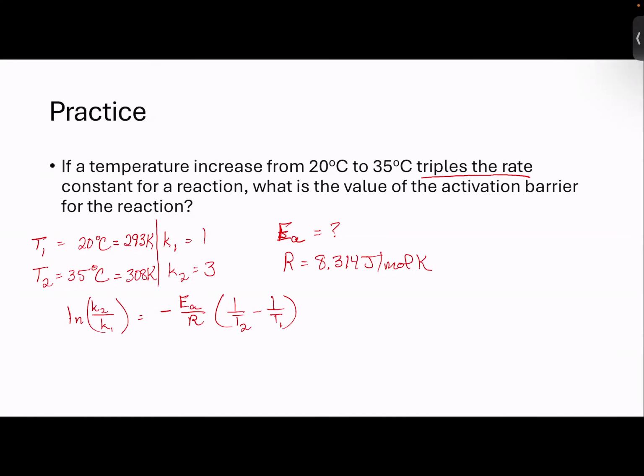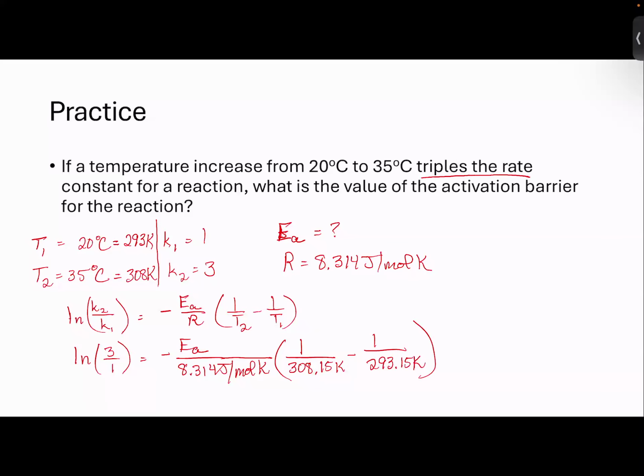Plugging in the information, the natural log of 3 over 1 is equal to a negative E sub A over 8.314 joules per mole Kelvin times 1 over T2, which was 308.15 Kelvin, minus 1 over T1, which was 293.15 Kelvin.